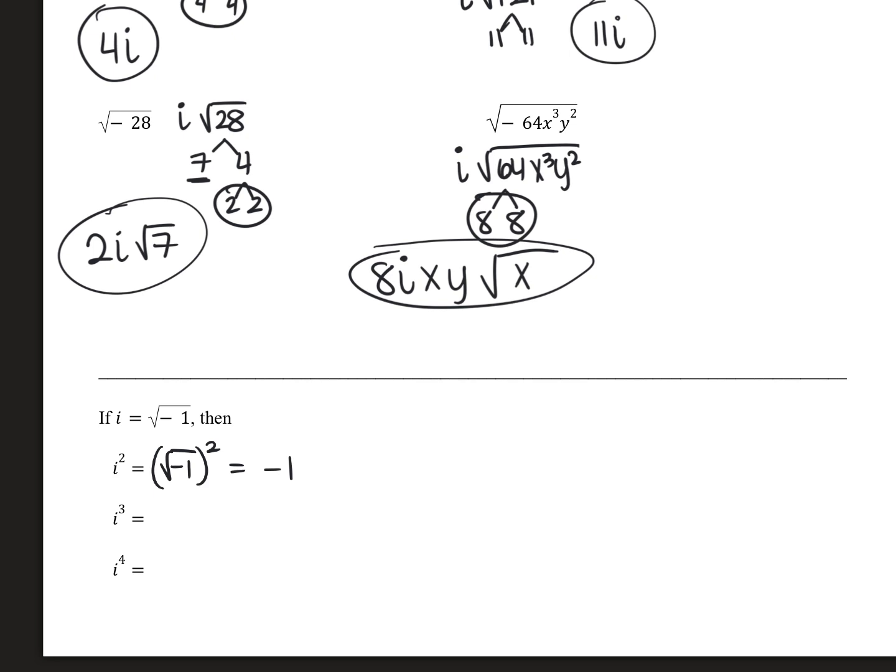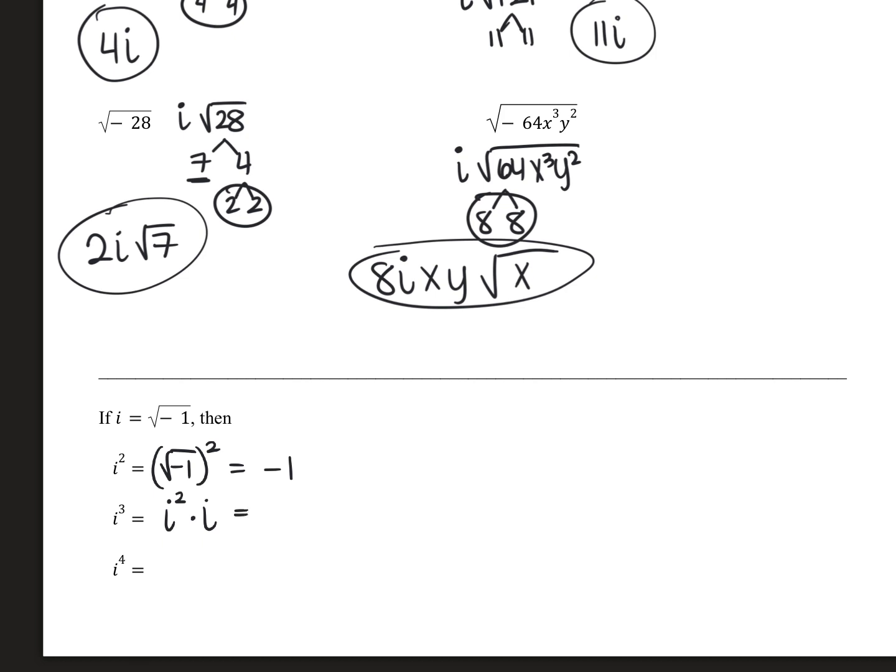All right. What about i cubed? I can break that down as i squared times i using my rules of exponents. I know that when I multiply with exponents, they get added. So i squared times i is i cubed.